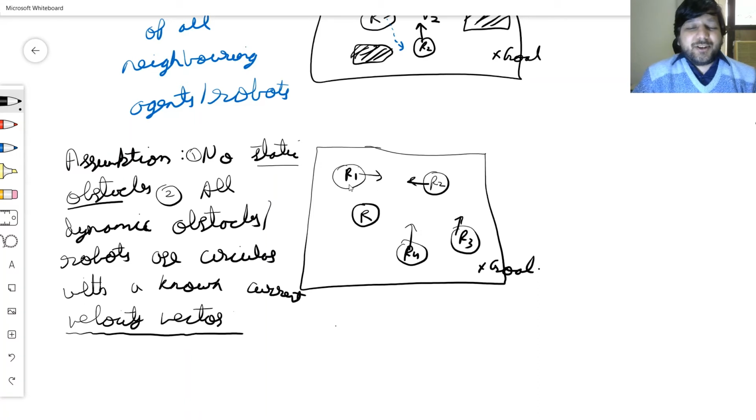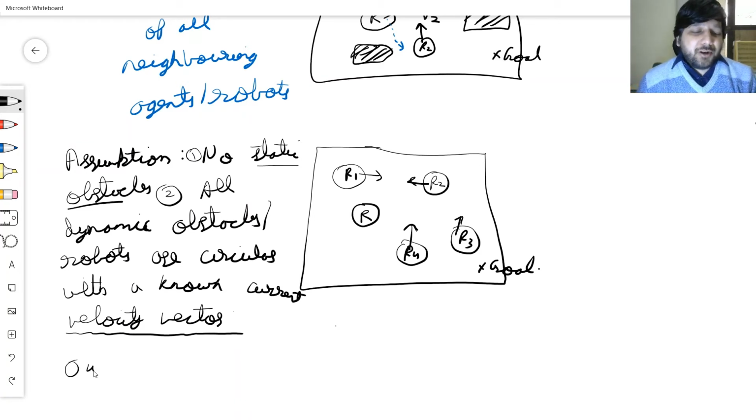Using a technology called localization, and using a very similar technology, it also knows about the positions of all the other agents and their velocity along with time. So what those algorithms are we will not be discussing, but suppose I know all the velocity vectors, all the agents are circular and there are no static obstacles. How do I actually make a decision about where the robot is going to go?